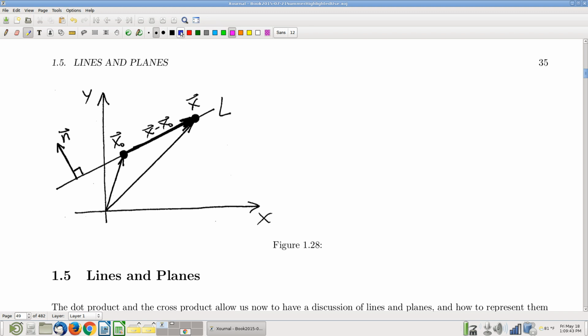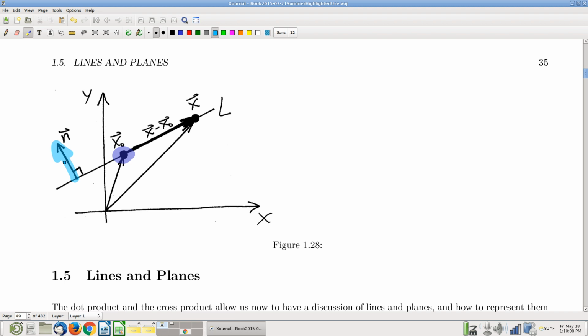Suppose we're told that we're interested in a line and we're given a point x naught that the line goes through, and we're also given what I'm going to call a normal vector n. Just FYI, the word normal means lots of different things in lots of different contexts.